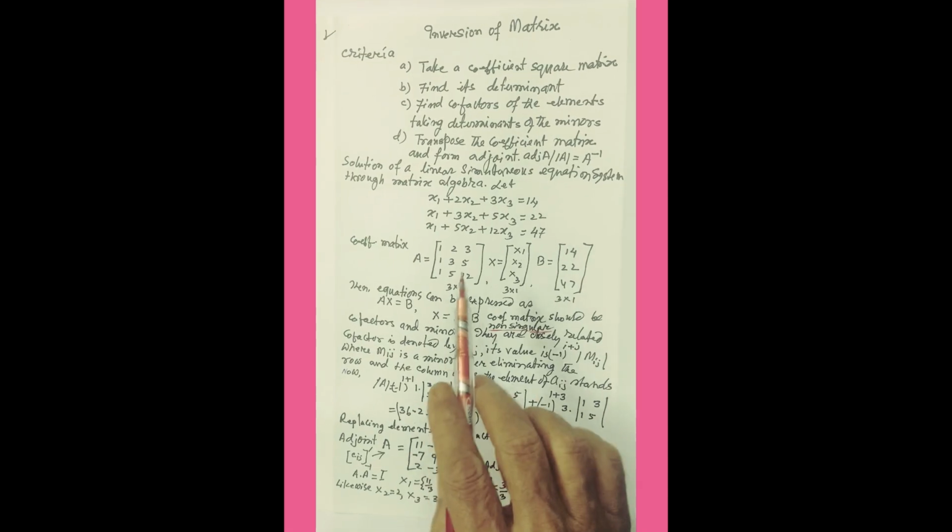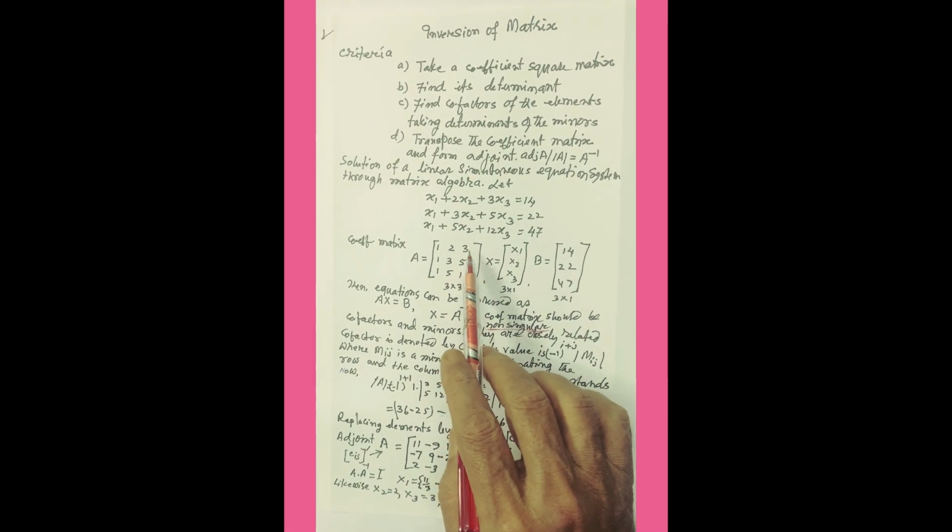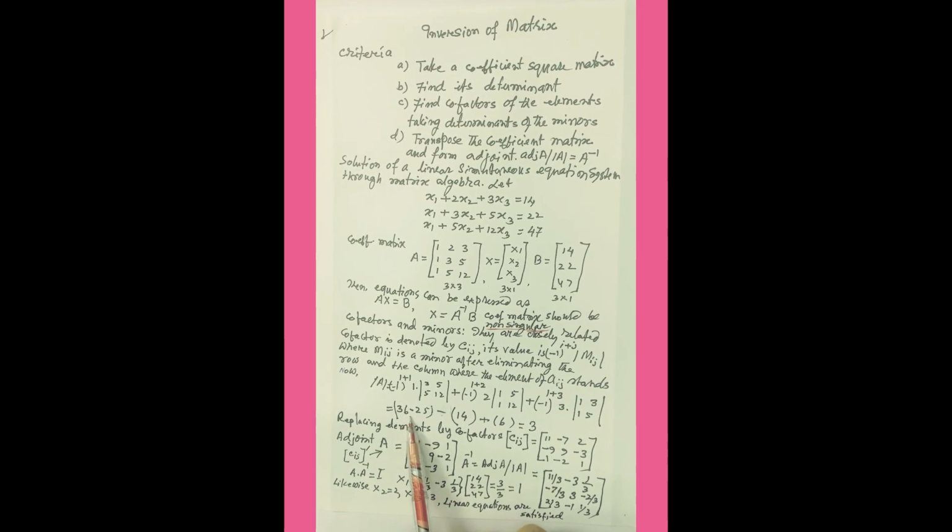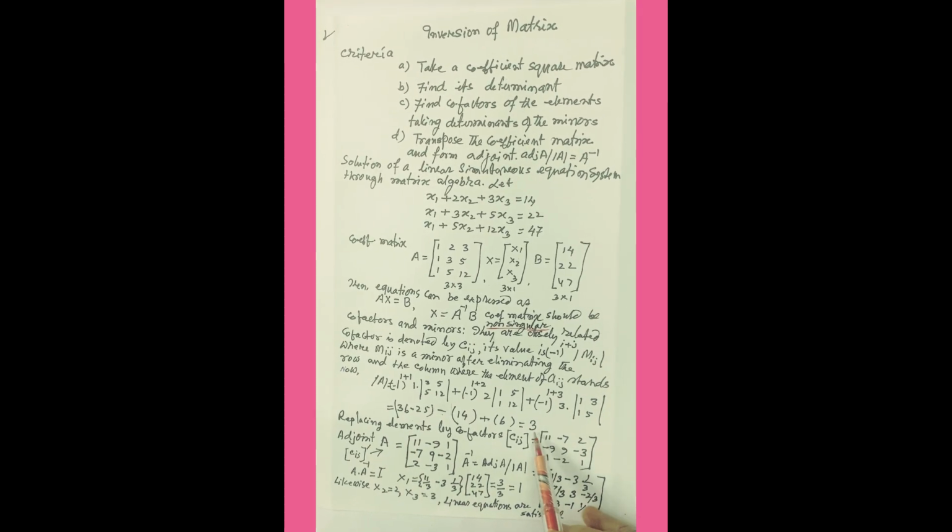Then for the third element, plus minus 1 to the power 1 plus 3, into 3 into the determinant of 1, 3, 1, 5. So ultimately after simplification we get that the determinant is 3.